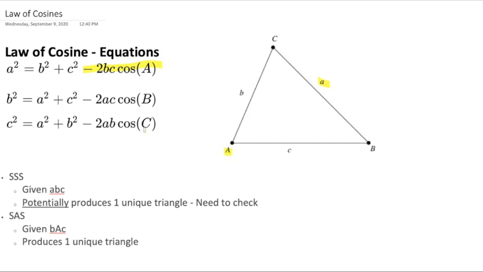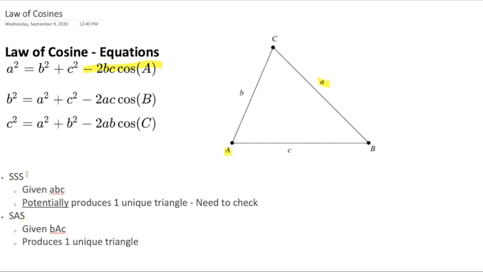So in our equations we have A squared. In the second equation we have B squared and the angle of B. And the last one, it's C squared and the angle of C. Basically, if you are trying to solve for a side, you need to know that side's opposite angle. There are 2 types of triangles that will help us with the law of cosines.